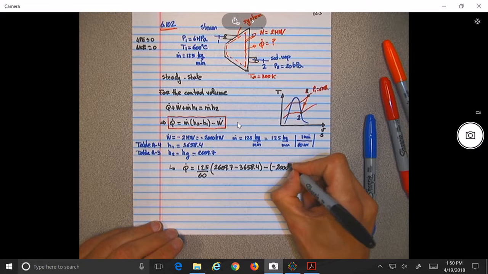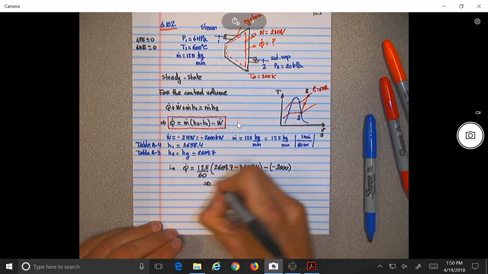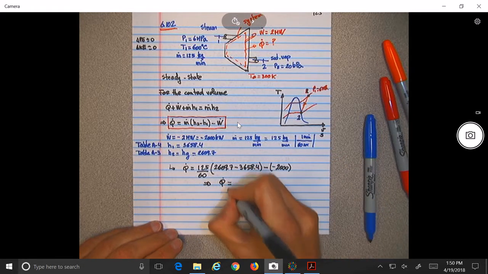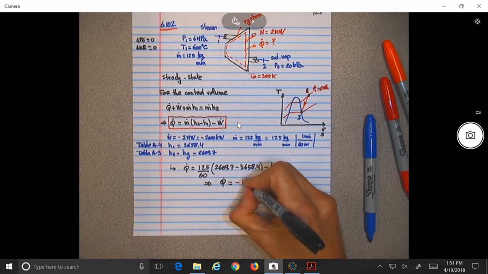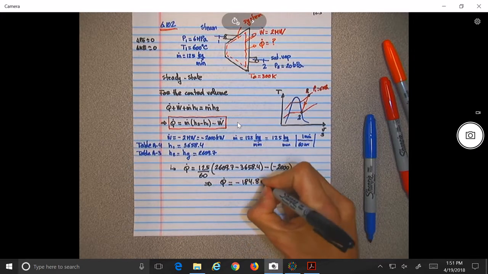I mean, I probably have the value with me, but I hope it's correct. 6102. If we didn't do anything wrong, they say it should be minus 184.8. What you got? Minus 184.8 kilowatts.